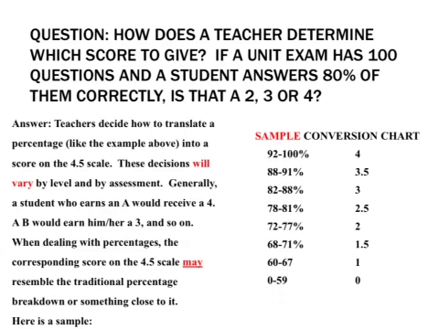A student who earns an A would receive a 4. A B would earn him or her a 3, and so on. When dealing with percentages, the corresponding score on the 4.5 scale may resemble the traditional percentage breakdown or something close to it.